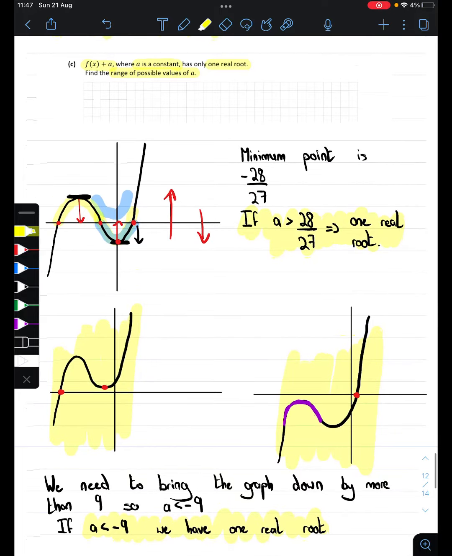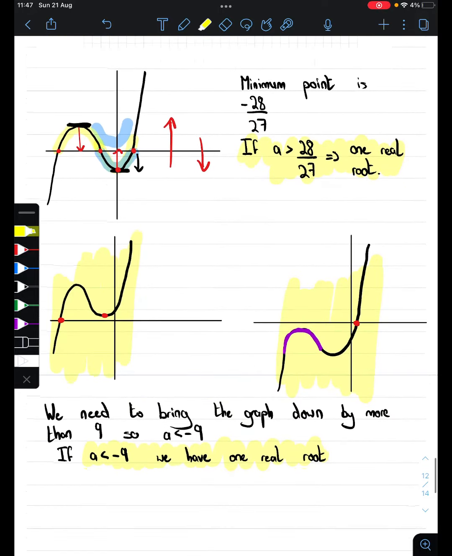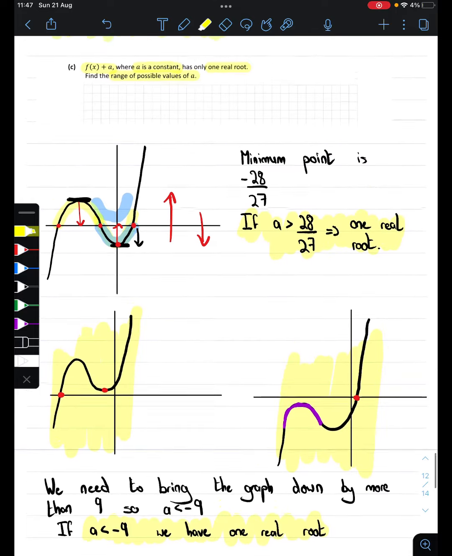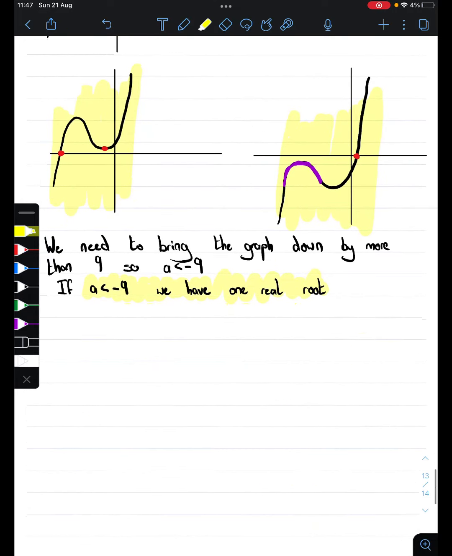So the range of values of a which gives f(x) + a one real root is a < -9 or a > 28/27. And so this is the range of values that we're looking for.